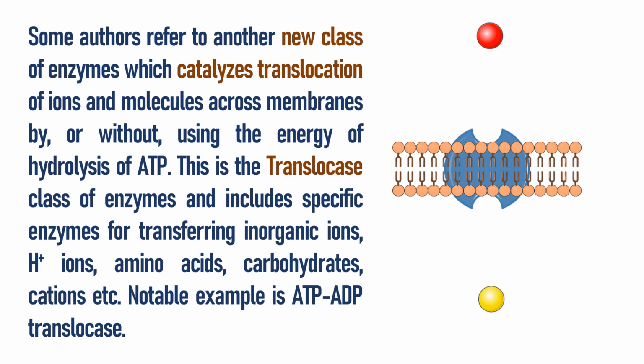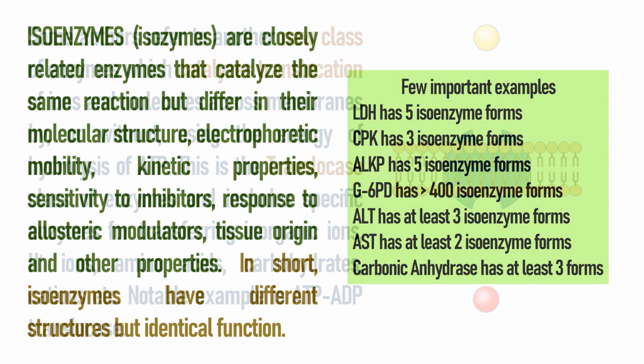Some authors refer to another new class of enzymes which catalyzes translocation of ions and molecules across membranes, by, or without, using the energy of hydrolysis of ATP. This is the translocase class of enzymes and includes specific enzymes for transferring inorganic ions, hydrogen ions, amino acids, carbohydrates, cations, etc. A notable example is ATP/ADP translocase.